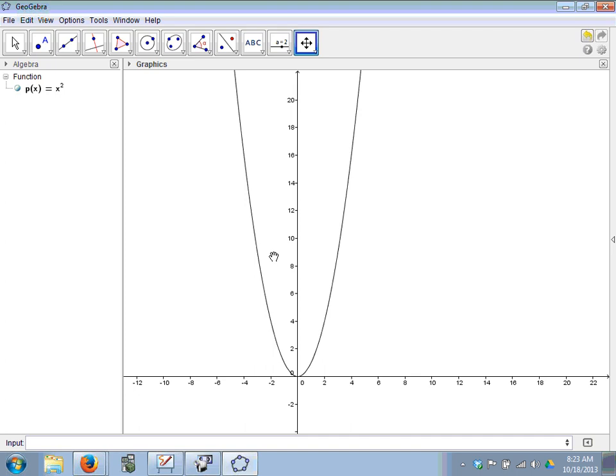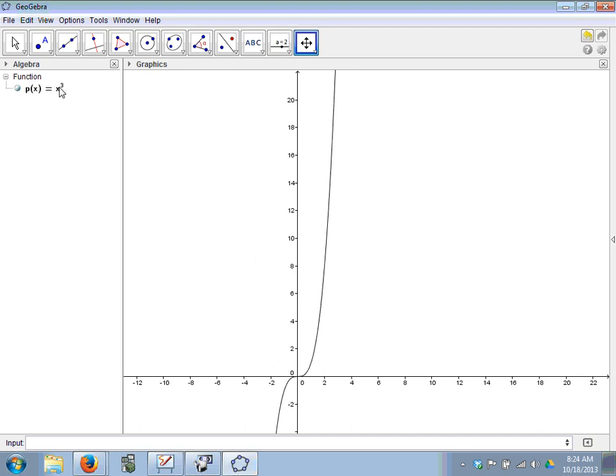What direction are both sides of the graph heading to? Positive infinity. Why is that? Consider the exponent. If I change the exponent to 3, to an odd exponent, always keep in mind the idea of even versus odd. If I change this to x to the third, does anybody remember what an x to the third graph looks like? So what's the end behavior now? One side is still going up to positive infinity, but the other side is going to negative infinity.